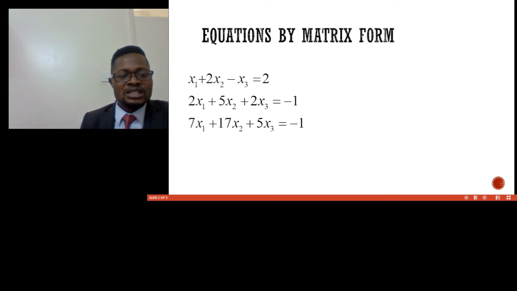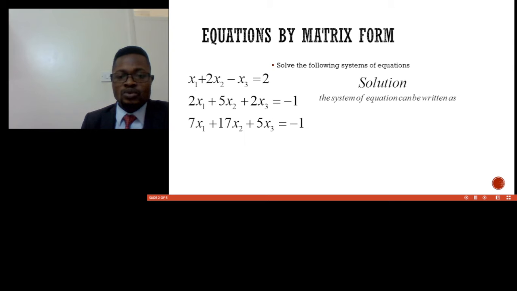We have three systems of equations, equation 1, 2, and 3, and we are to solve these using row operations. So now we have x1 plus 2x2 minus x3 is equal to 2. We have 2x1 plus 5x2 plus 2x3 is equal to negative 1, followed by equation 3. So we solve the following system of equations.